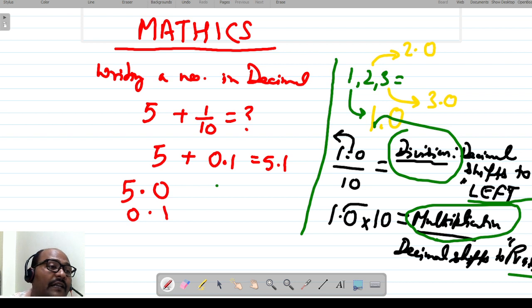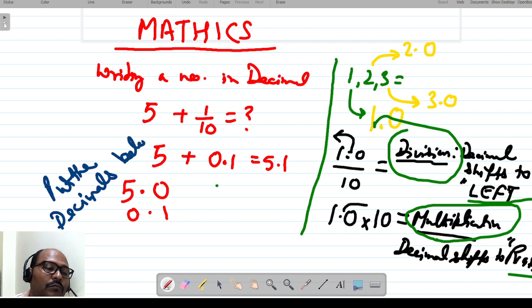Make a very clear concept that whenever we are adding or doing any arithmetical operation on decimal numbers, you need to identify where the decimal is and put the decimals below decimals.